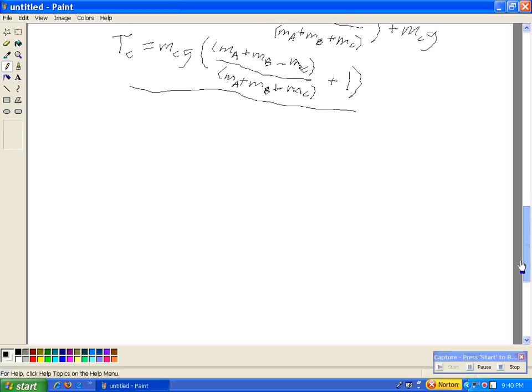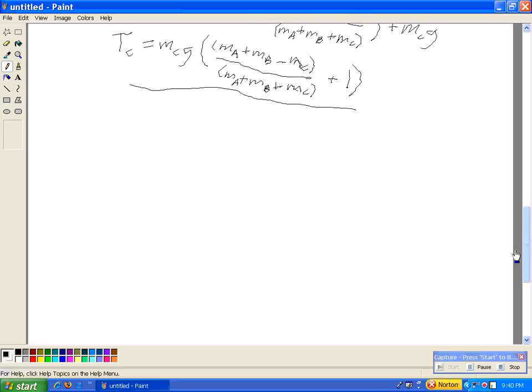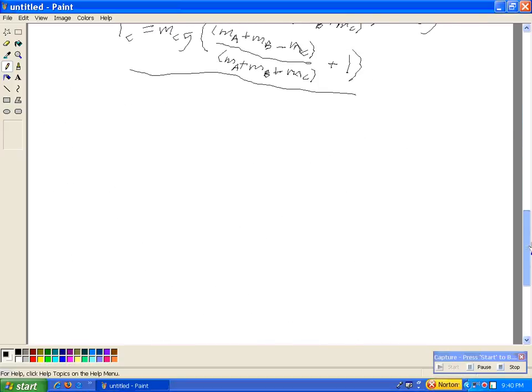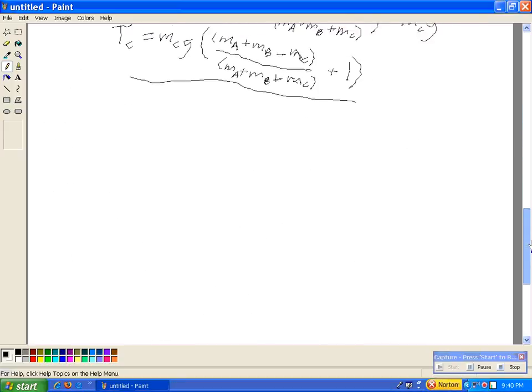Right. So to find the tension for mass A, we take into account the tension of the chord above, so we subtract it. Okay, so let's do that.